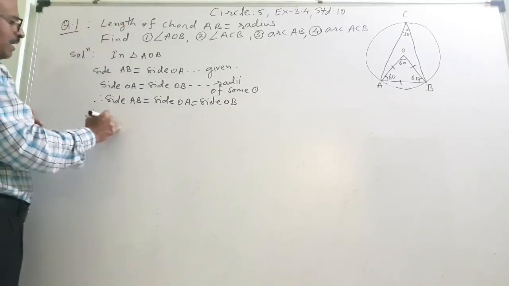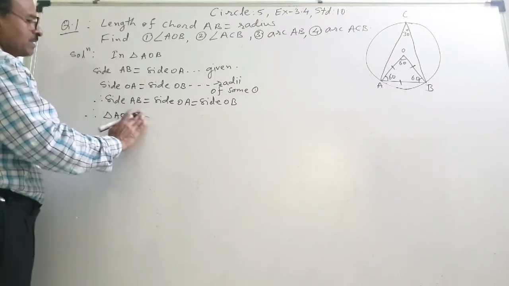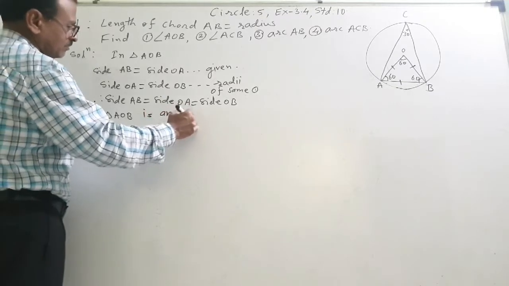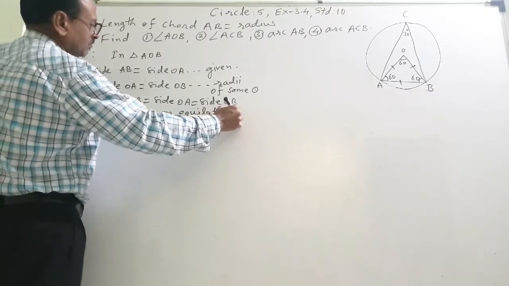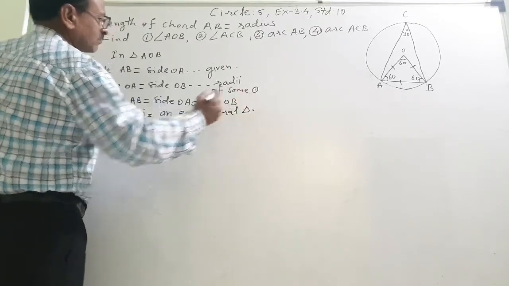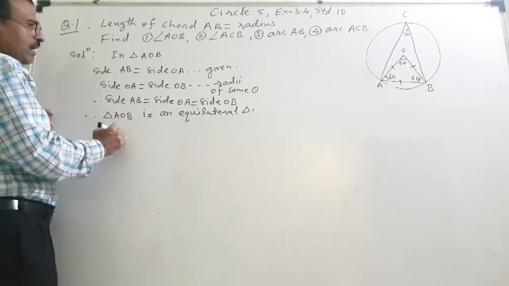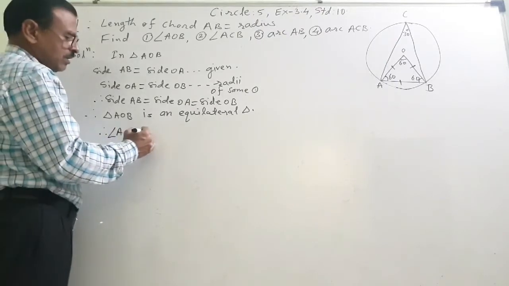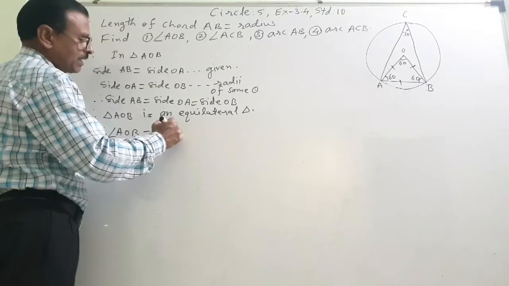Therefore, triangle AOB is an equilateral triangle. So for equilateral triangle, each angle is 60 degree. Therefore, angle AOB equal to 60 degree.